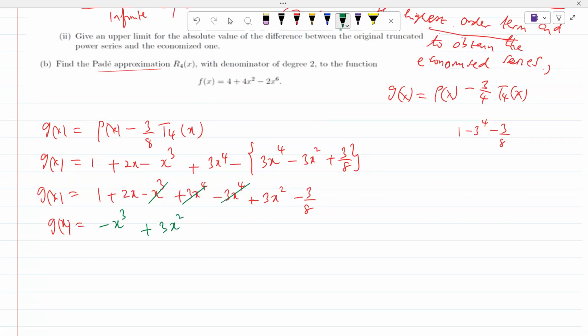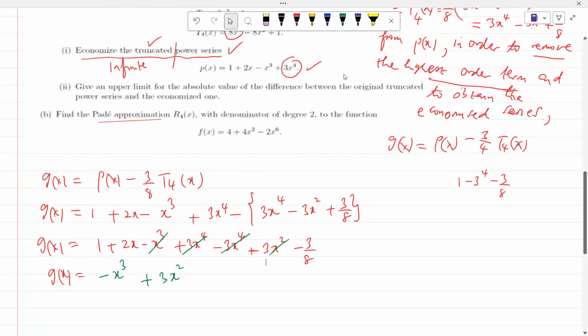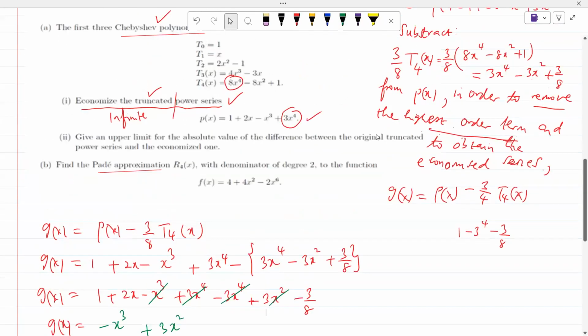Yes, please. How did you get 3 over 8? That's a good question. I got 3 over 8 from the fact that we are looking at the two polynomials, and we look at the highest order term.